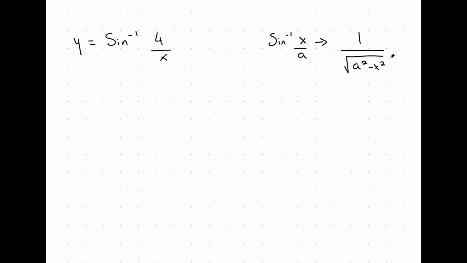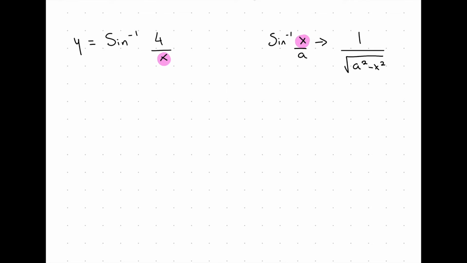Now, in our question, the x is not in the same position. That x is on the top of the fraction and our x is on the bottom of the fraction. So if we're going to be able to use that formula, I need to make sure that my x is in the right position and that structurally it has the same setup as the formula.